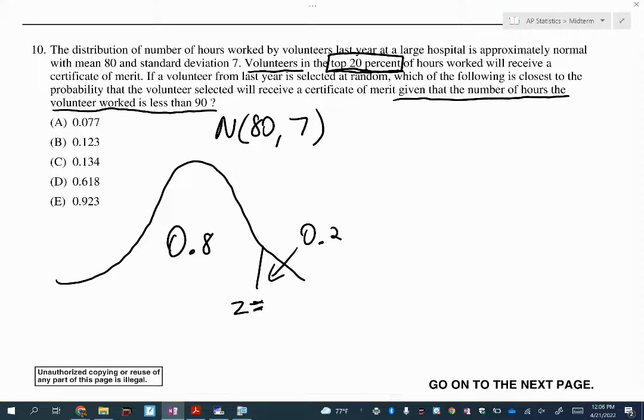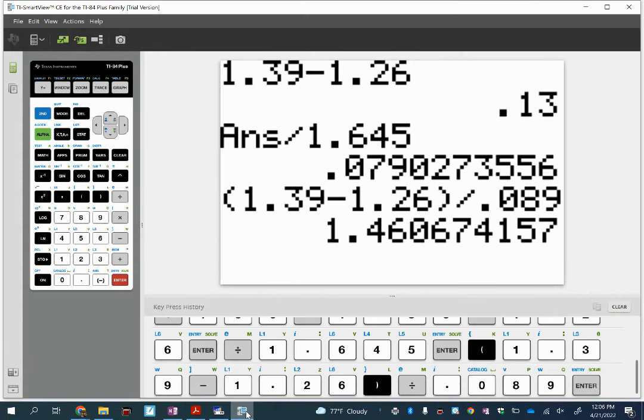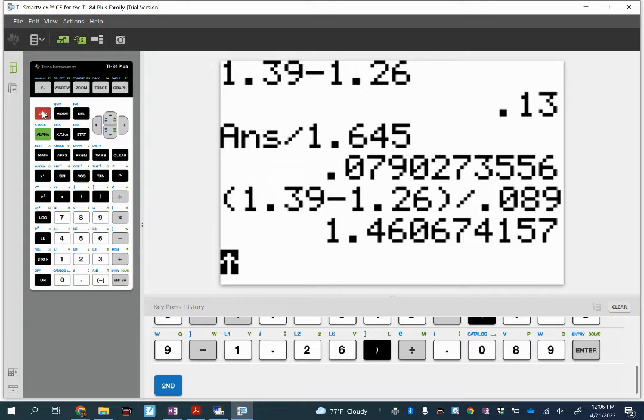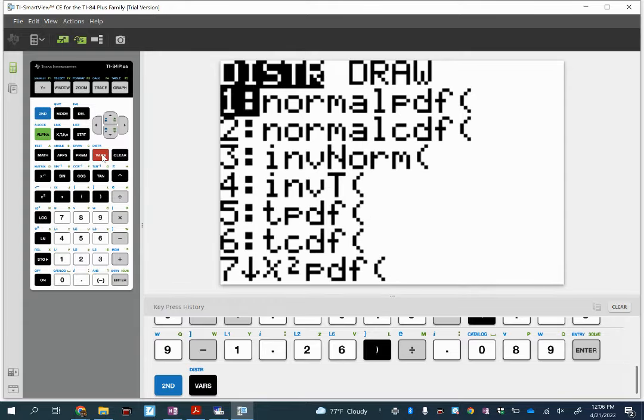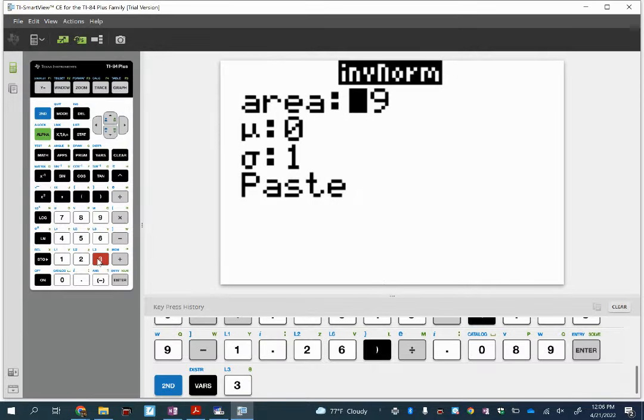Now, we've done this one time. And do you remember how we got there? It's okay if you didn't. All right, so I did second, and then I did vars, which is distribution. So second, vars. And then do you remember which one we picked to go backwards? Nice. Number 3, inverse norm. And I'm typing in not 90th percentile anymore.